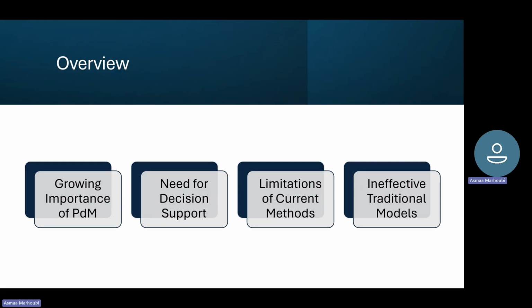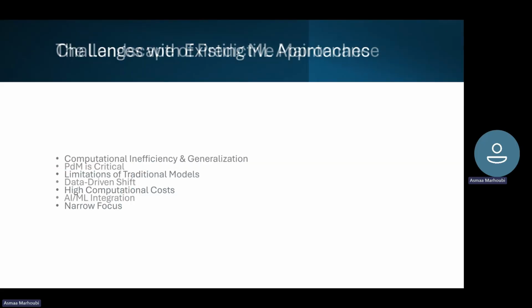On the other side, some complex models could provide high performance, but at the same time they have high computational costs. There are also challenges in the existing machine learning approaches, for instance computational inefficiency and generalization.